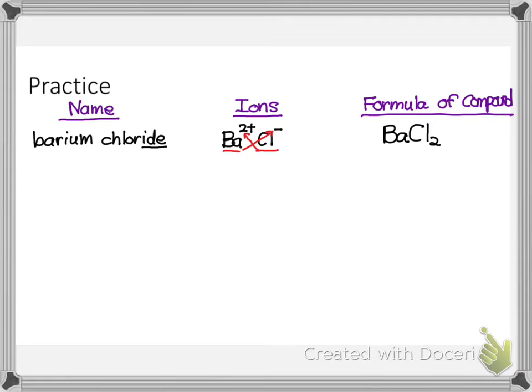So that's going from the name barium chloride to the formula. So you have to get the ions in there. All right, let's try another one. This time I'm going to do copper 2. Let's see, what do I want to do copper 2 with?